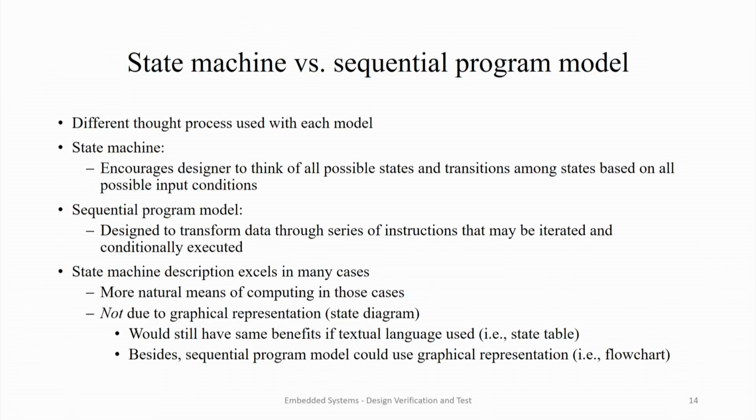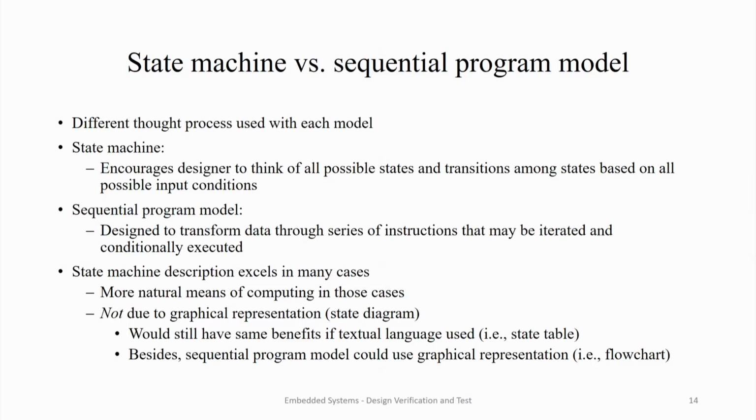It transforms the data by the statements, and it allows us to iterate over these statements using loops, and also allows conditional execution of statements through ifs, for loops, cases, while loops, etc. A combination of iterations and conditional execution is possible, and the statements themselves go on transforming the data. So, the sequential program model is designed to transform data through a series of instructions that may be iterated and conditionally executed.